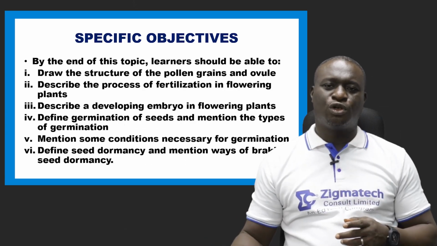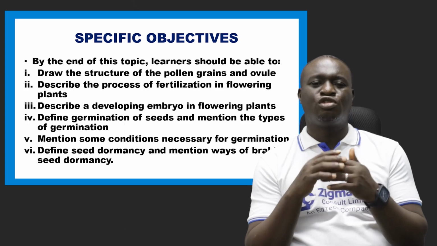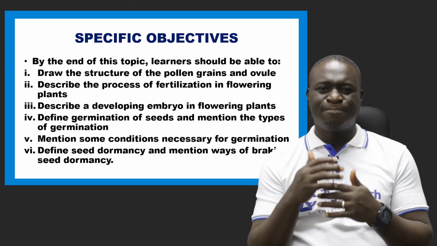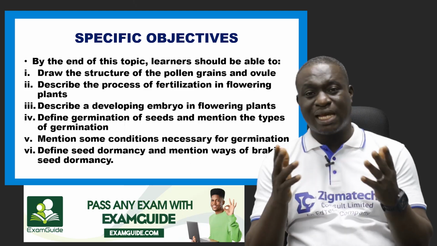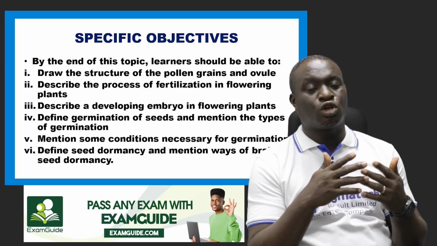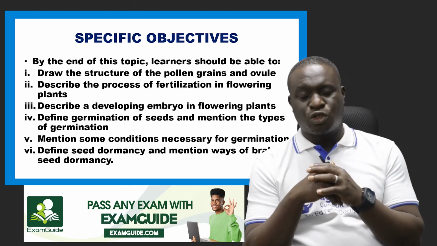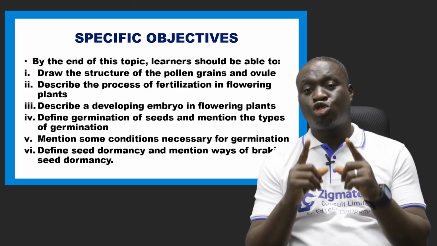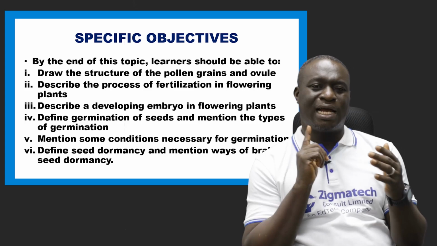Now, our specific objectives are things you should be able to explain or do by the end of this particular topic. By the end of this topic, you should be able to draw the structure of pollen grains and the ovules.